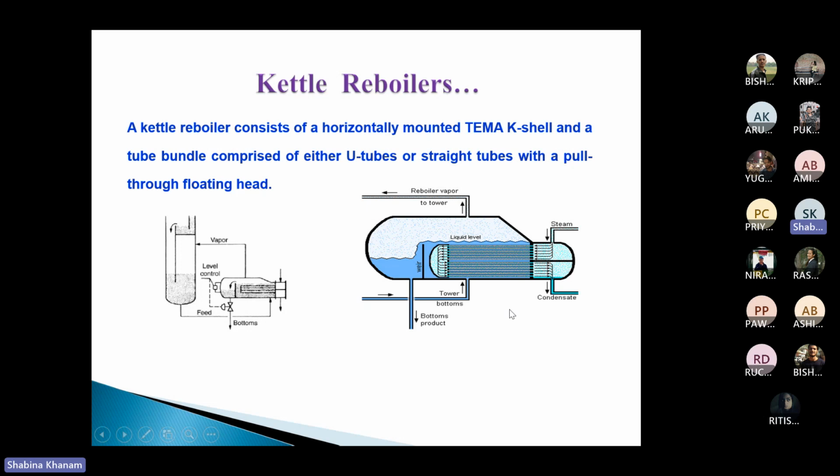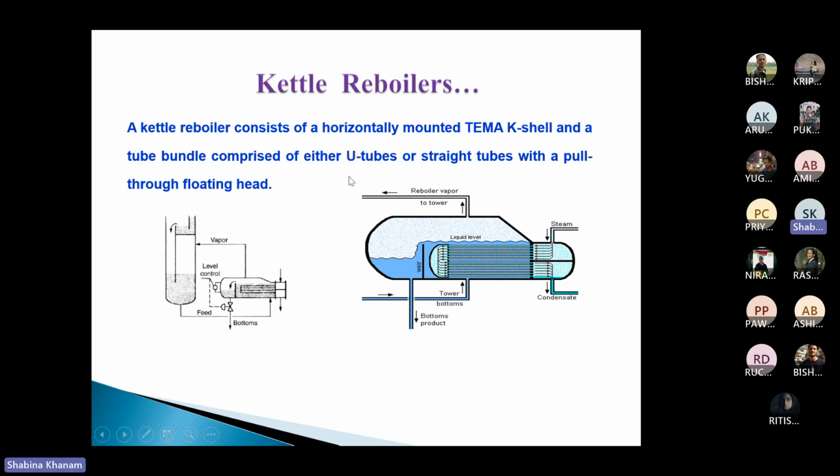Because the purpose of this weir is to ensure that the bundle is completely submerged in the liquid. Until the liquid level reaches this point, it will not flow to this region. So the weir height should be more than the bundle diameter.